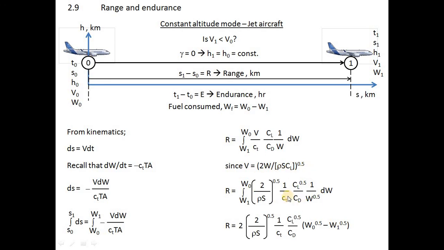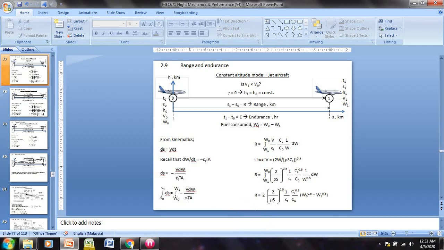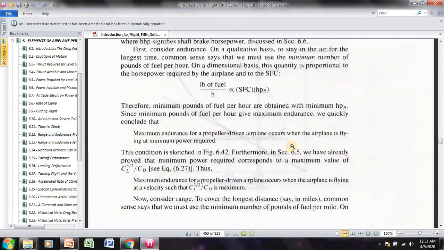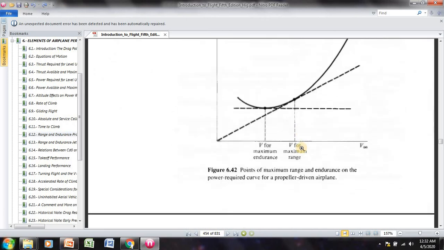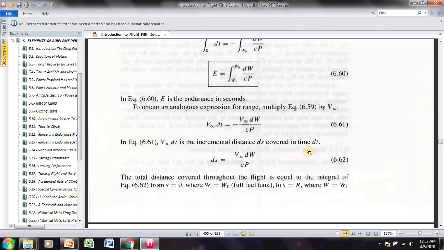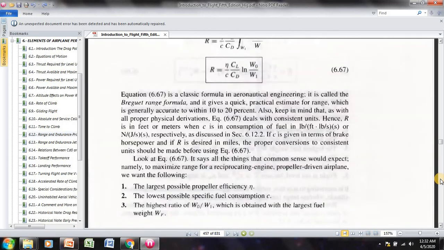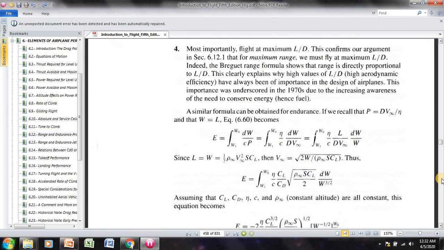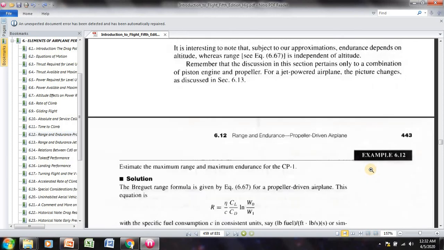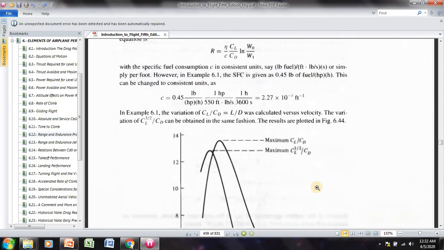Now we can integrate, and when you integrate, you get this equation. The 2 and 2 cancel. No, they don't cancel. Okay, now this is the equation of range. You check back here in the textbook. Let's look at the textbook. Under the Breguet formula for jet aircraft, this is range for propeller driven.